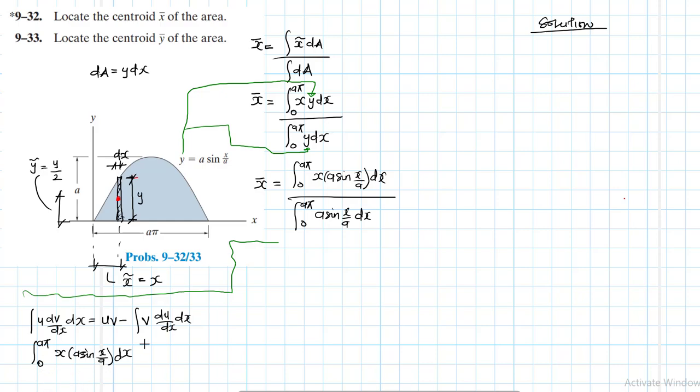Therefore, in this particular case we choose u as x, so that du over dx is just equal to 1.